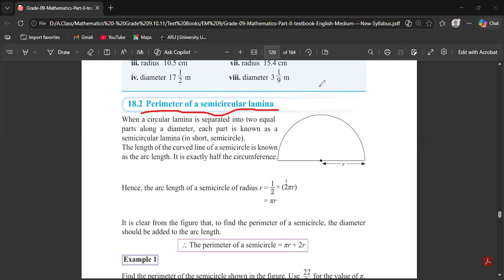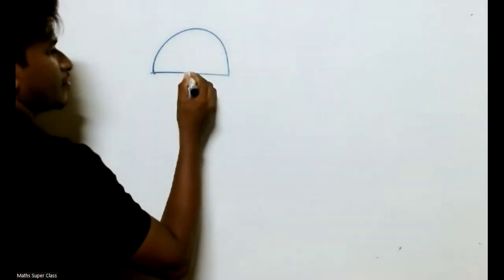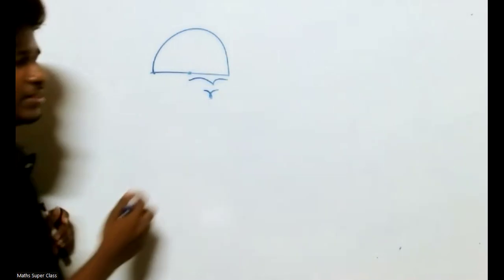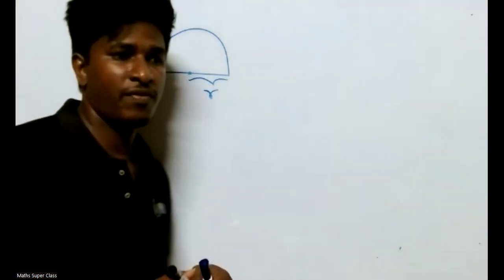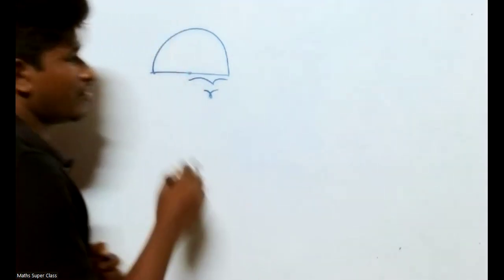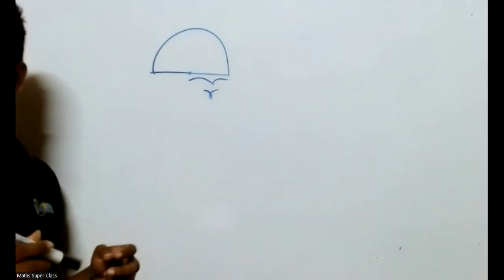This is the semicircular part. This is R. So we are going to find the perimeter of the semicircular lamina.